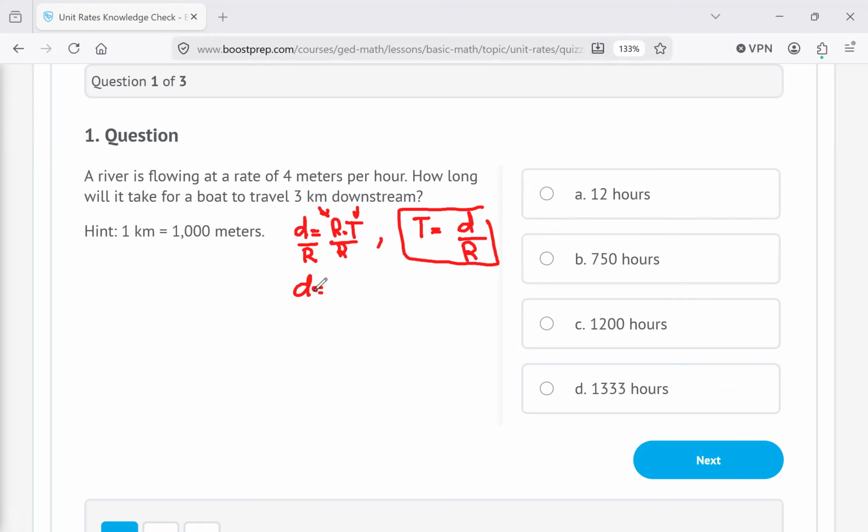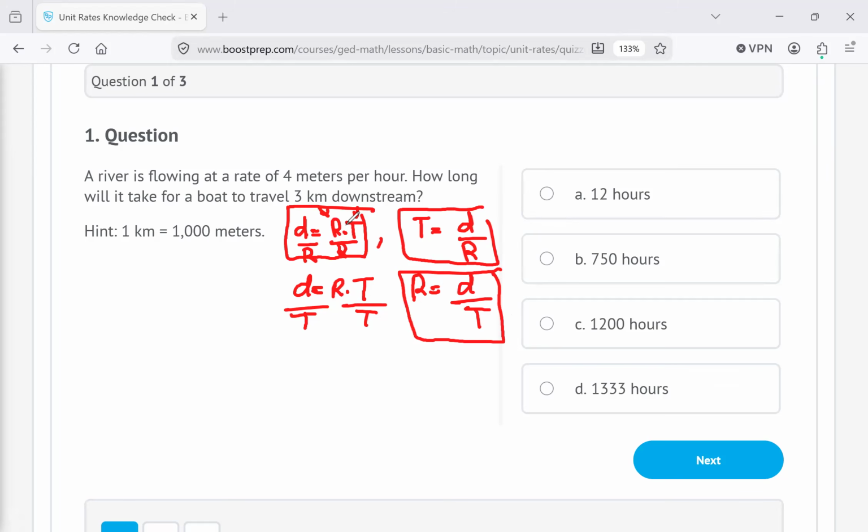So if you have distance equals rate times time, you get r equals distance over t. So you might have to use these three formulas. That's how I got t by itself, and that's how I got r by itself, deriving it from this.